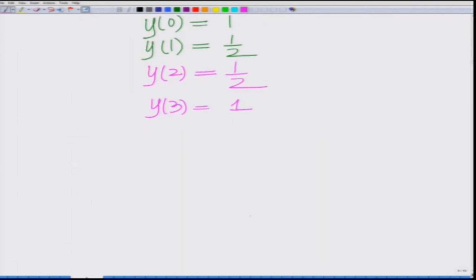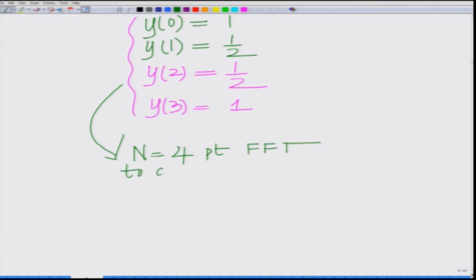Then what do we do? Basically we take the 4-point FFT, that is N equal to 4-point FFT, to generate the output samples on the various subcarriers.